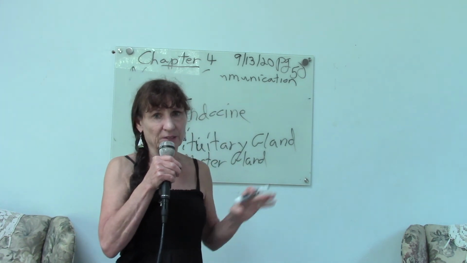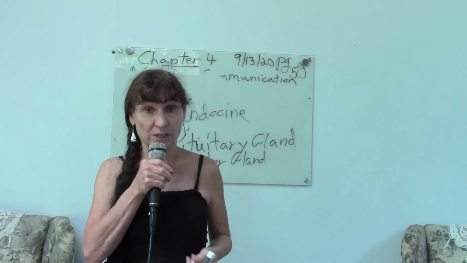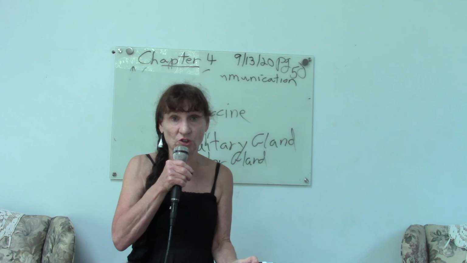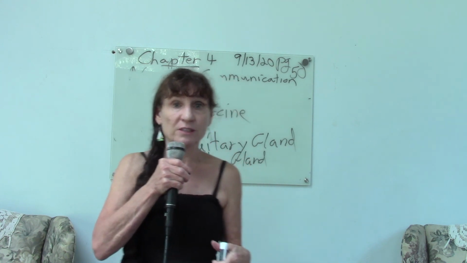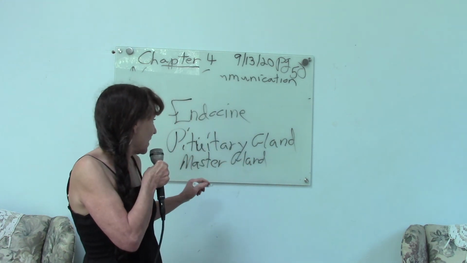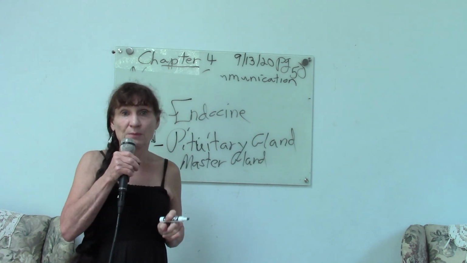The hypothalamus and the pituitary gland are very closely related and are next door to each other in the brain. So take a look at that and answer the questions on Launchpad. But on your exam, I'm not going to ask you specifically about the endocrine system, except that it's the second communication system in the body, and also that the pituitary gland is the master gland.